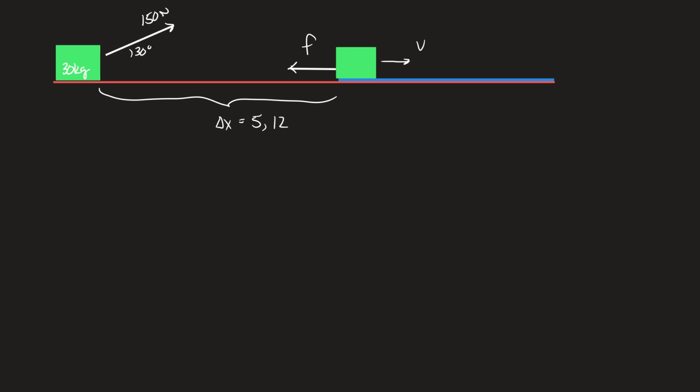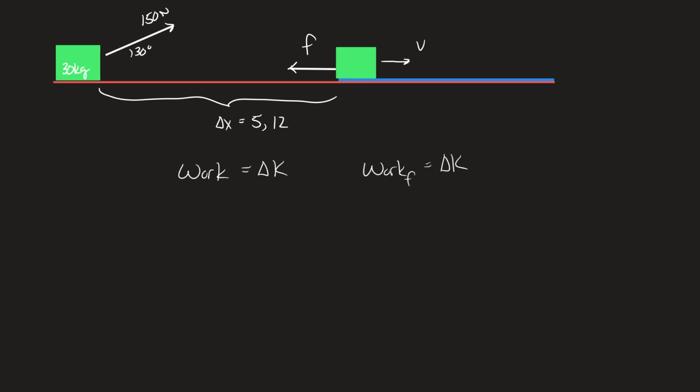So, during the time that the box is being pulled on by the 150 Newton force, since the force is unbalanced, the work done is going to equal the change in kinetic energy. Right? When it reaches the section where there's friction, the work done by friction is also going to equal the change in kinetic energy.